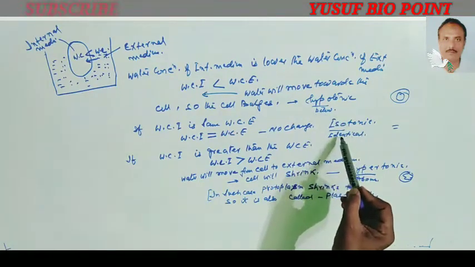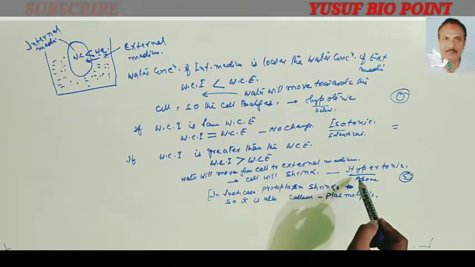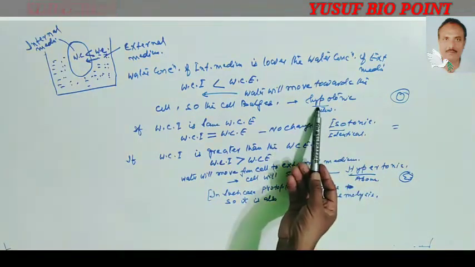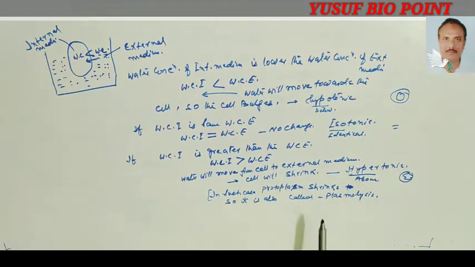If the concentration of both sides is the same, it is isotonic, and if the water concentration inside is high, it is hypertonic. In the hypertonic condition, the protoplasm shrinks and gets squeezed. That's why it is also called plasmolysis.